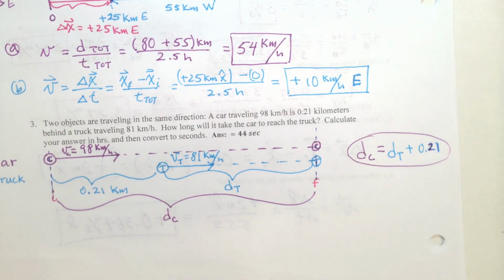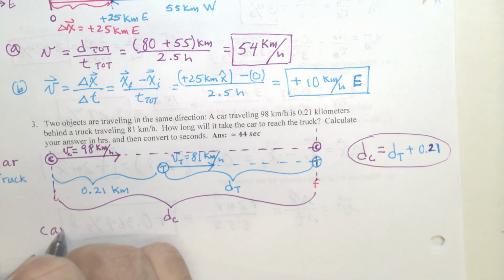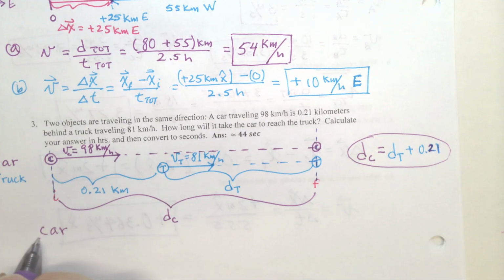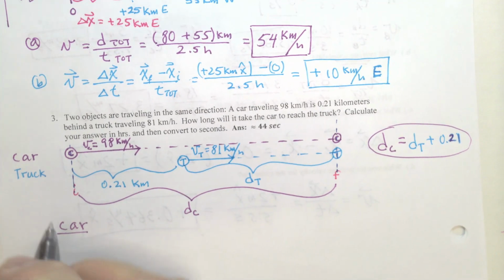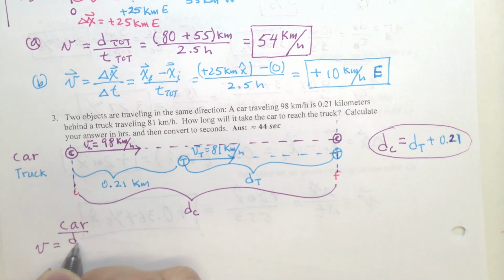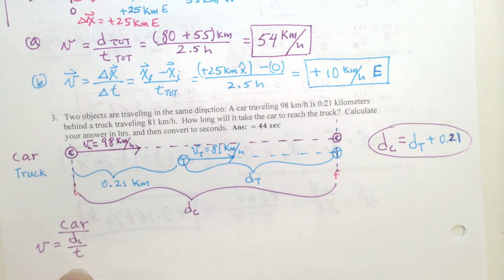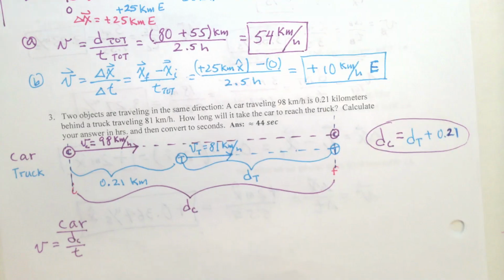So we will separate the car and the truck and see what we can find. For the car, we know the speed of the car is the distance of the car divided by the time. The time is going to be the same. Time is common for both the truck and the car.